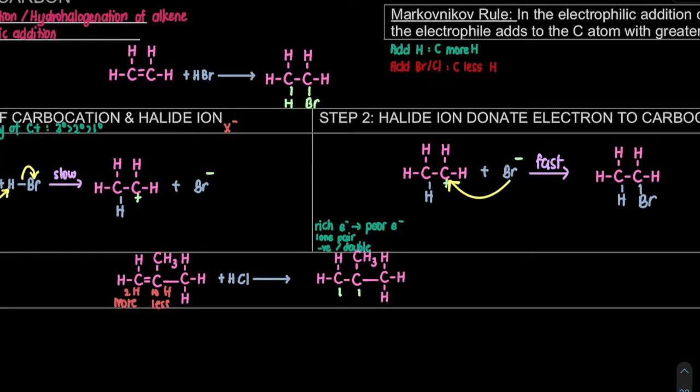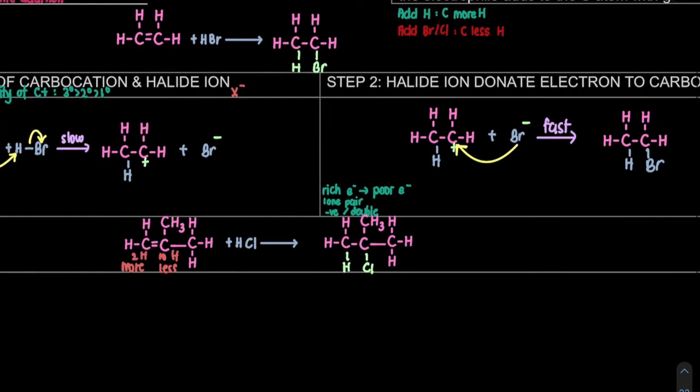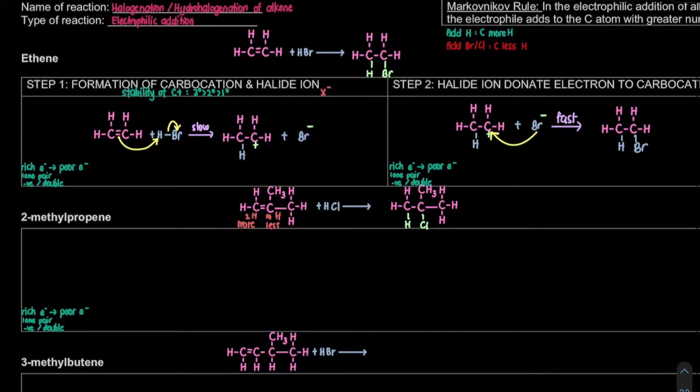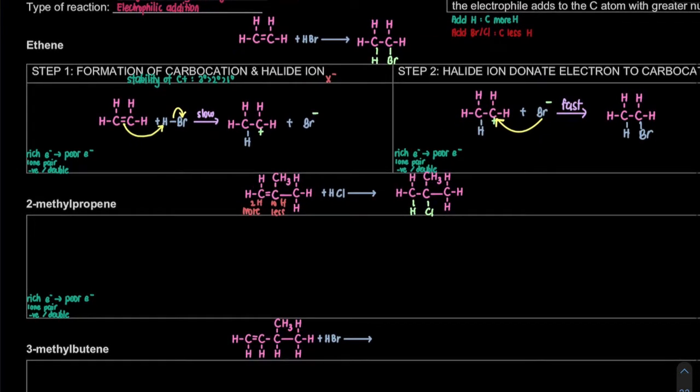So again, yang ini because it has different classification kan, different more hydrogen ataupun less hydrogen. So make sure hydrogen is added to the one with more hydrogen. So kat sini will be added our H. So here will be our Cl. Okay, so yang ini, so ada straightforward sikit kan. Yang ini Miss boleh buat straightforward sahaja. So okay, so let's do it lah.